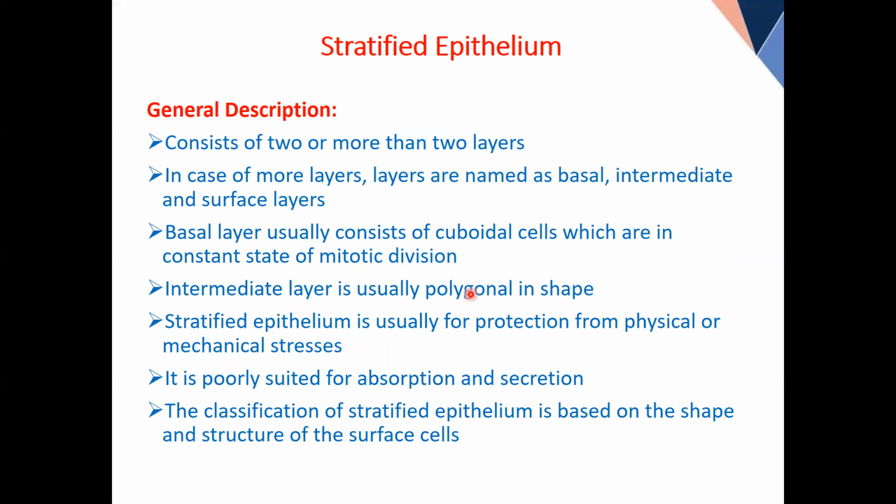Simple ones are for absorption, for secretion, for diffusion, because they are single layered. You have to apply your brain. Okay. Now, it's written over here, it's poorly suited for absorption and secretion. The classification of stratified epithelium is based on the shape of the cells on the surface.